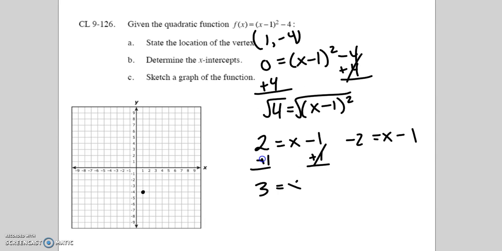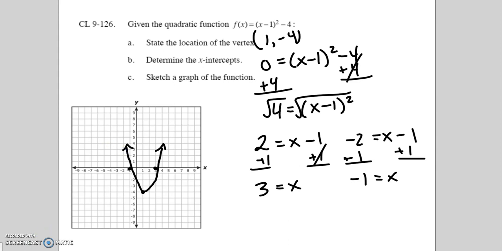So I get x equals 3 and x equals -1. So those are my intercepts, so 3 and -1. So I know that it's going to be opening up, and it's going to look something like this.